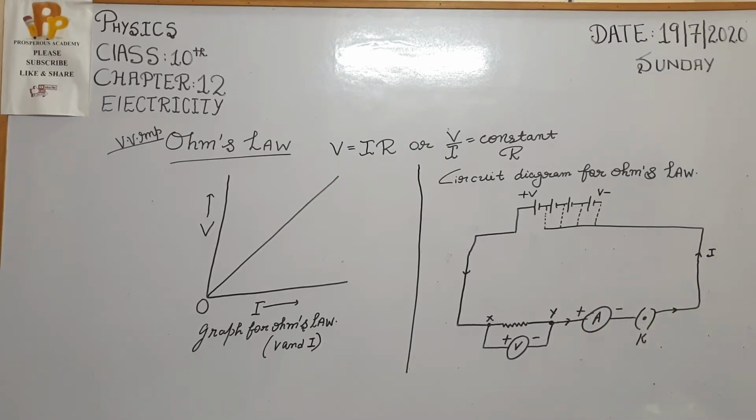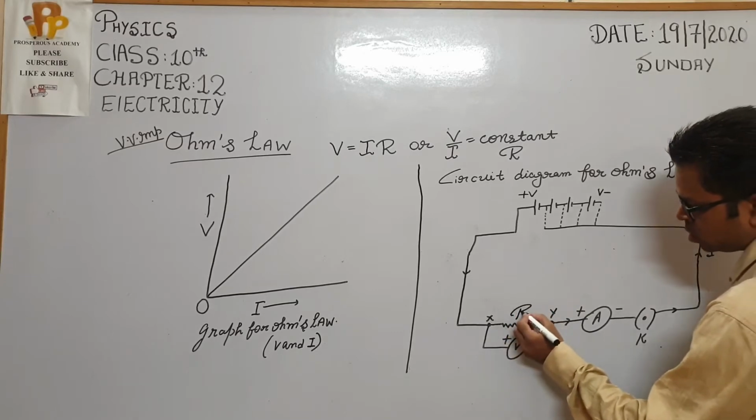Draw the graph बच्चे and draw the circuit diagram on your notebook. Wait for 2 minutes. Here just write it as बच्चे R, resistance.